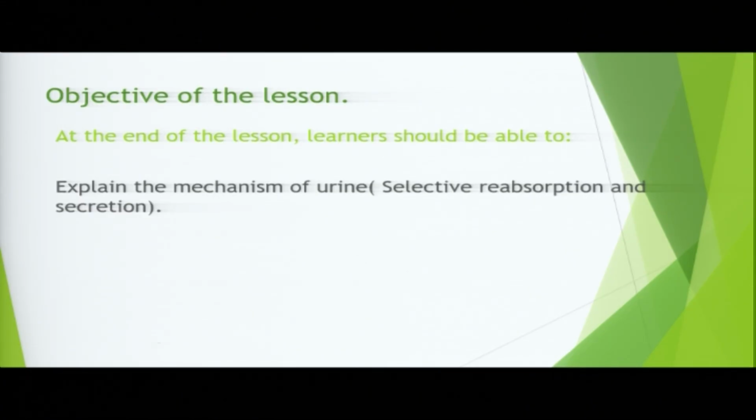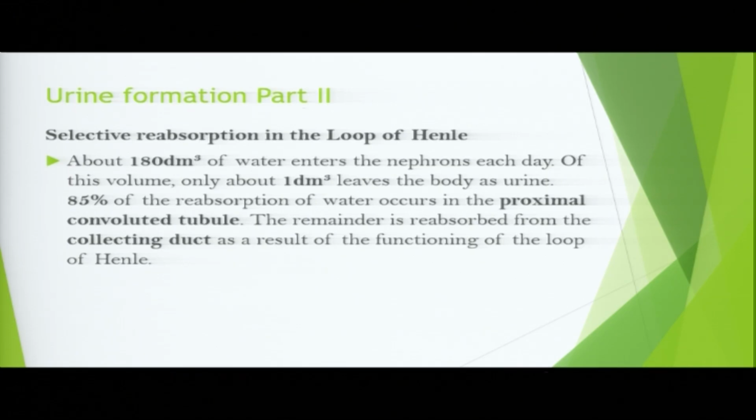Actually, it's about the selective reabsorption and excretion, the end of this process of urine formation, as you have already started on this. So you'll be able to follow and then write some explanation. Are you together? Hope you are going to follow as usual.